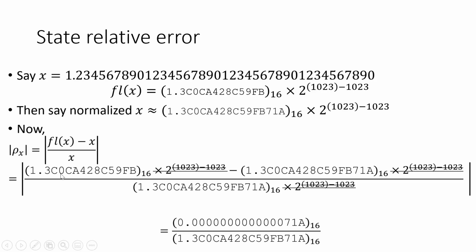And what's going to happen is everything up to and including the FB is going to get zeroed out when I subtract them. So the numerator is going to have the 13 zeros after the decimal place. And then I'm going to have the 7-1A. And then again, I'm going to divide by the true value. So that would be the relative error. And I could calculate this. I could carry this calculation out, even though it's in base 16. I could calculate it, come up with a value.